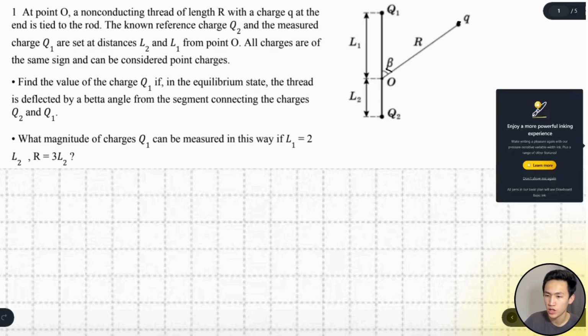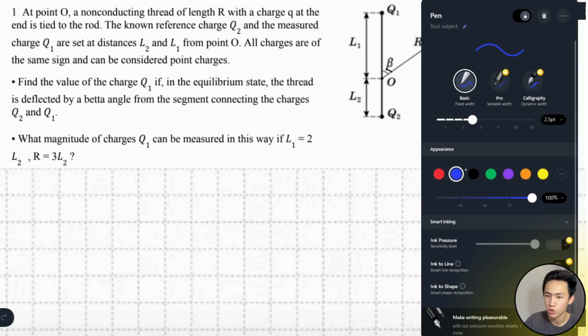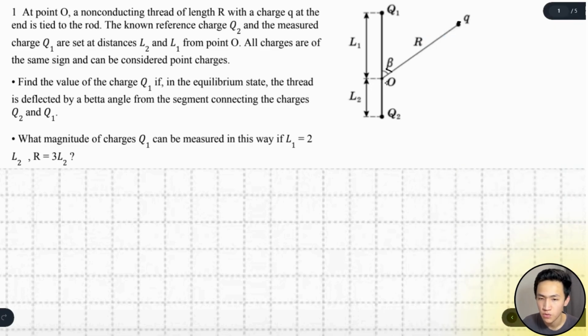There is a point O on this rod, and from point O, Q1 is located at distance L1 and Q2 at distance L2. There is also a thread of length R, deflected by an angle beta.